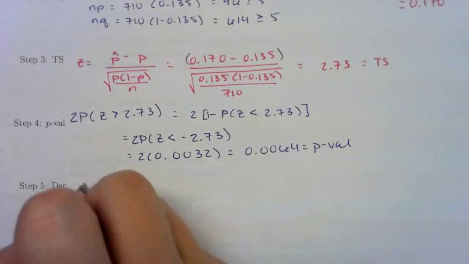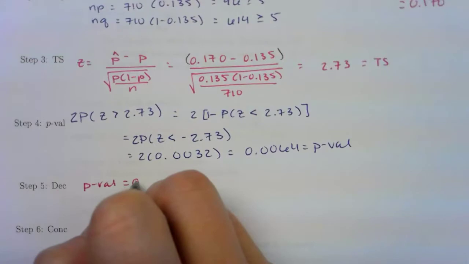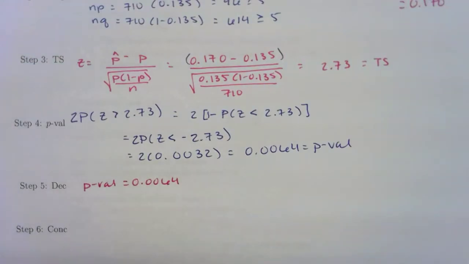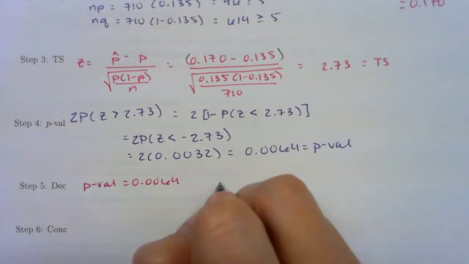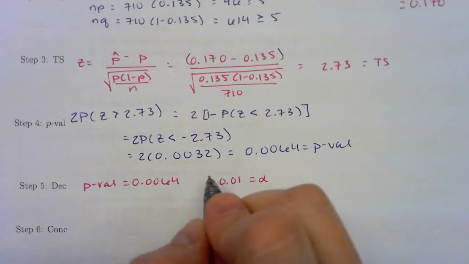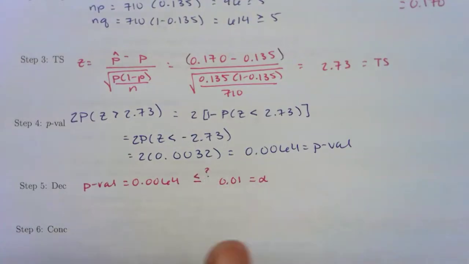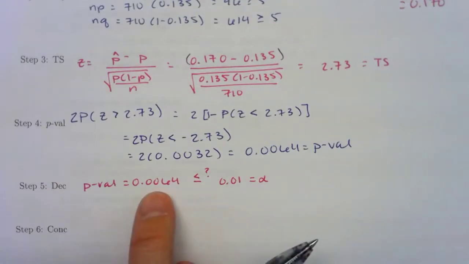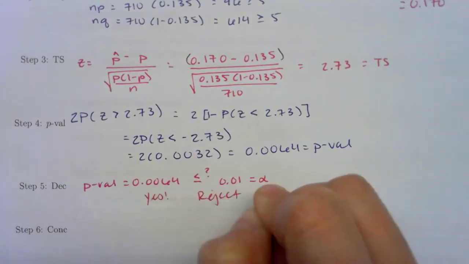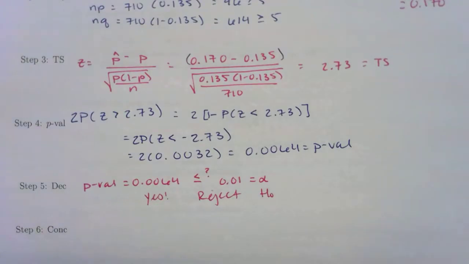Our decision rule is the same. The decision rule is independent of the tailedness of the test, meaning it doesn't matter if we have left-tailed, right-tailed, or two-tailed. For our decision, we are always looking to see if our p-value is less than or equal to alpha. And so is 0.0064 less than 0.01? The answer is yes. So again, we reject the null.